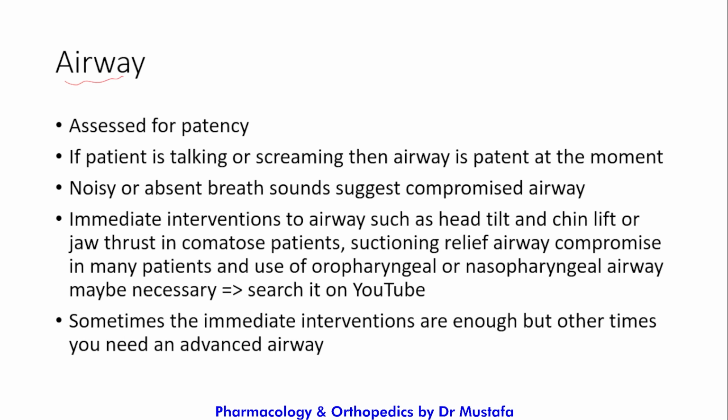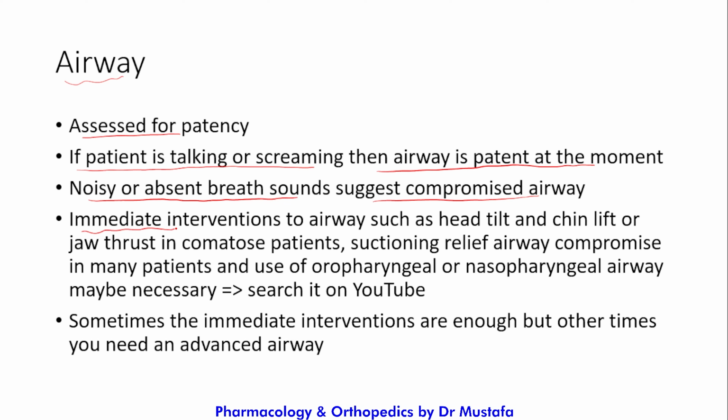So the airway is the first thing assessed in the injured patient, and it is done even before being carried on the ambulance in some systems. So the airway is assessed for patency. If the patient is talking or screaming, then the airway is patent at the moment, but noisy or absent breath sounds suggest compromised airway.